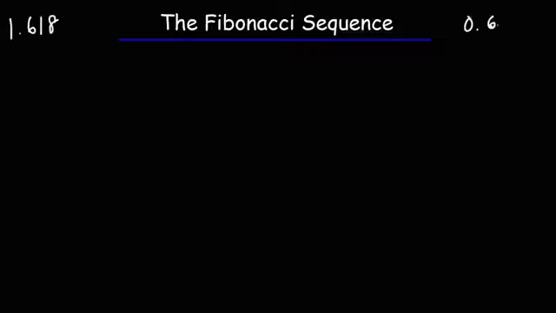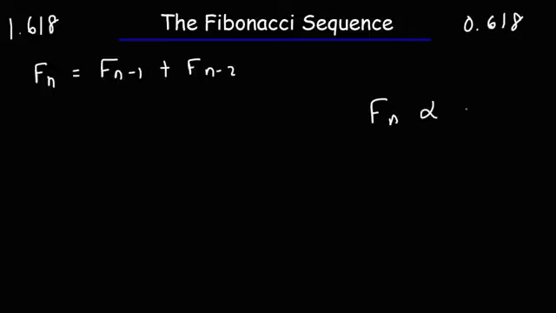Now let's talk about how we could derive the numbers that describe the golden ratio, 1.618 and 0.618. So we know that each number in the Fibonacci sequence is the sum of the previous two numbers. F sub n is going to be proportional to r to the n.